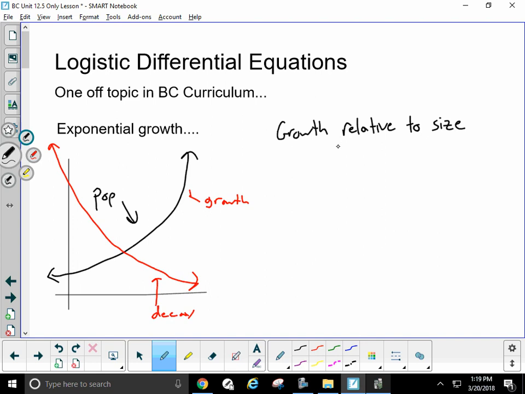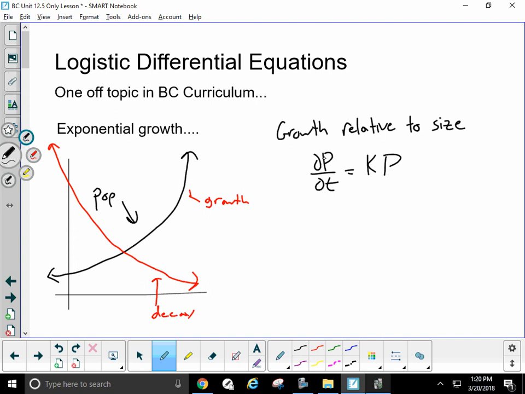To write that in terms of a differential equation, you can say the rate of change of a population is relative, so I'll say some constant of relativity k, relative to its size P. So whatever P is, its growth is dependent on how big it is. The larger P is, the more something will grow.